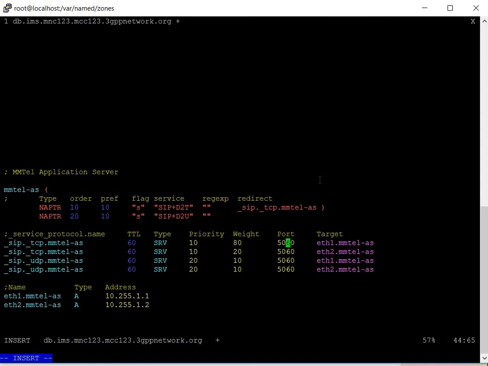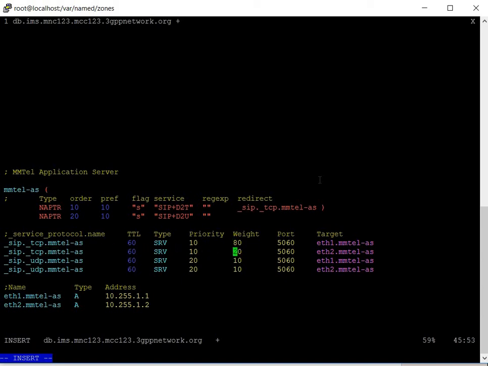So what an SRV record really does is it lets you define weights and priorities per interface for a service, not just define different services to different gateways or different SIP servers. Even for one SIP server, I can define multiple interfaces and say what their priority should be if I'm going to select this particular application server.